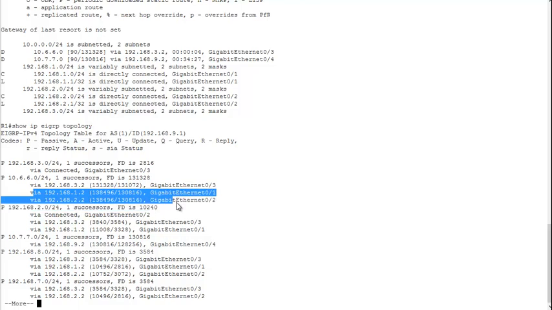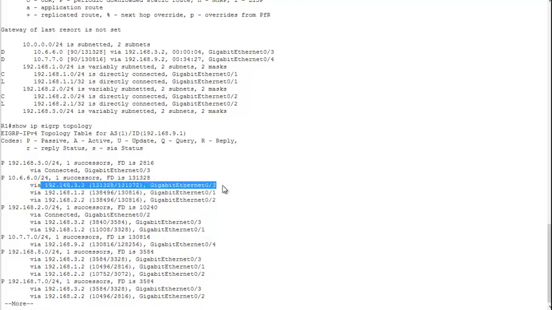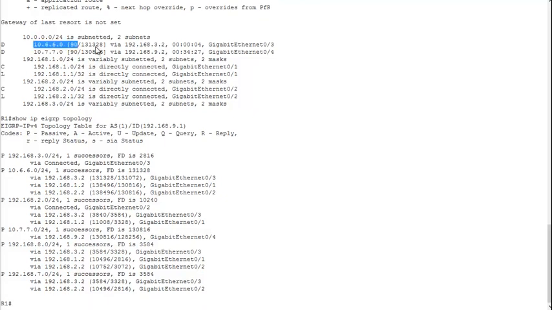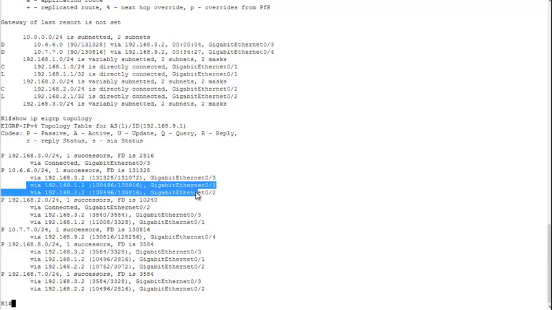These two guys have the same metric, but they have a worse metric than this guy. And so he is the only route with the best metric to the destination. So if we go back up to our show IP route, there's only one route here, whereas before there were two because there were two equal metric routes that were the best routes to get to the destination.